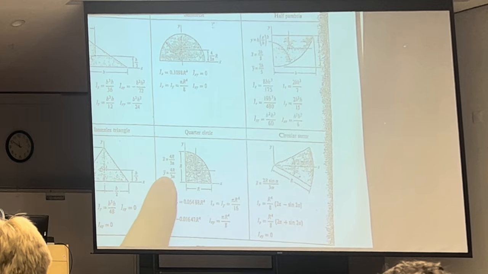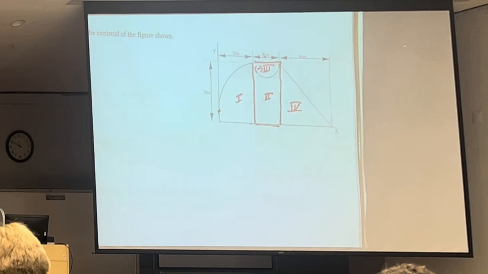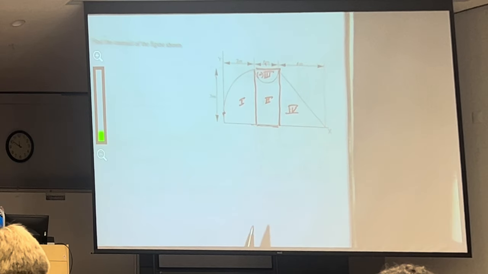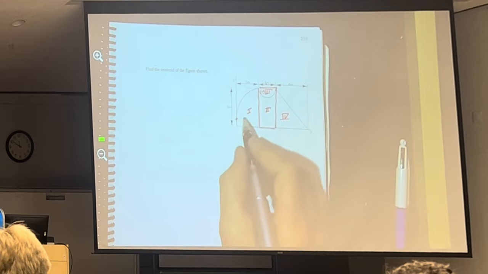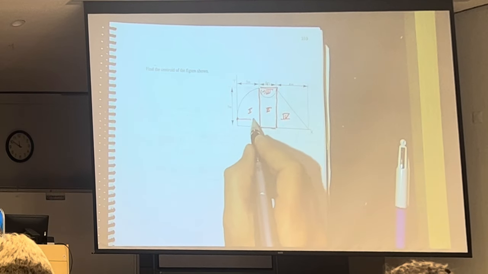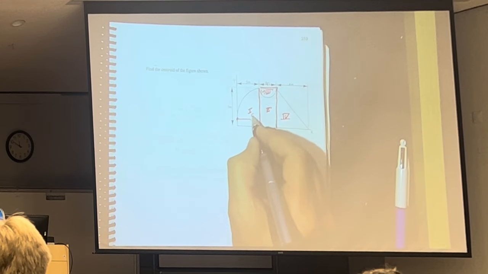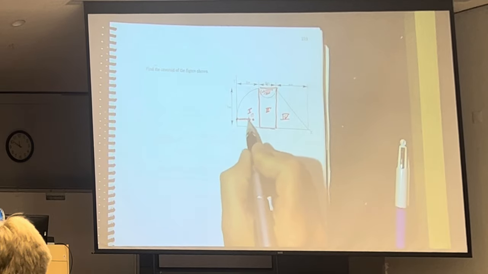Everybody see that? That's why this sheet becomes important for you. So, what I want is this distance. This is my G. I need that distance.